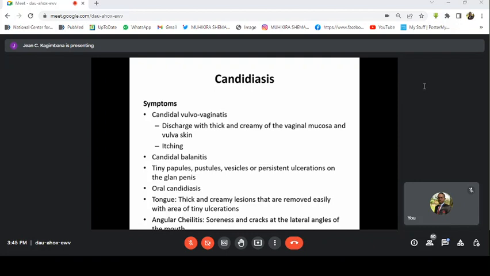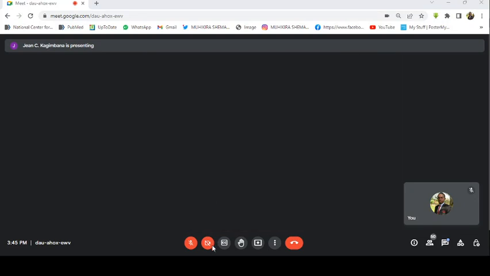Always, it's a problem. Even in a child, if a female child has genital candidiasis, they always think about sexual abuse. Okay, to be investigated. This is how I take it.